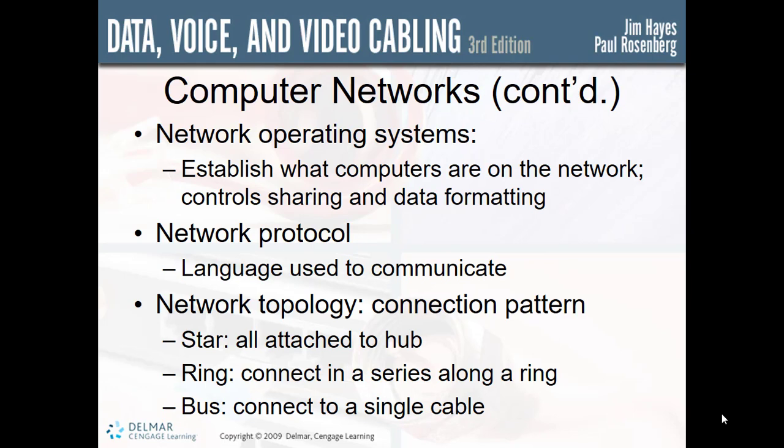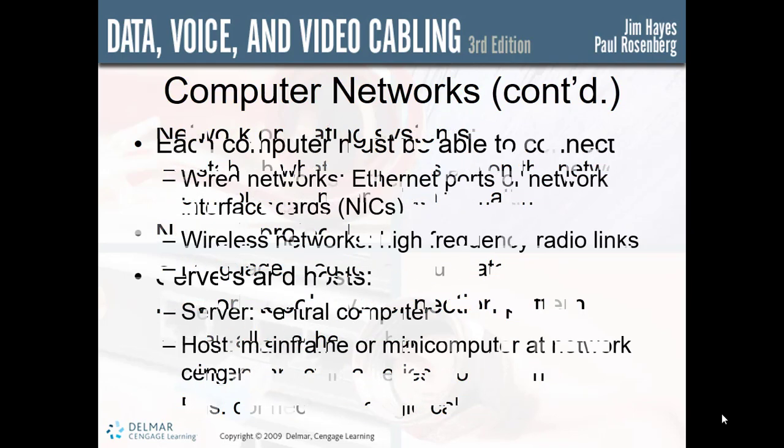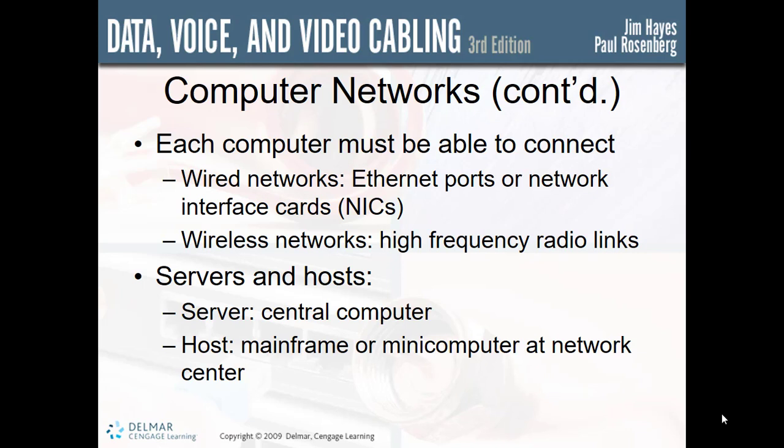The central computer is generally called the server or file server, and the satellite computers are commonly called clients and nodes. If all computers on a network are equal and share data amongst themselves, the network is called a peer-to-peer network.